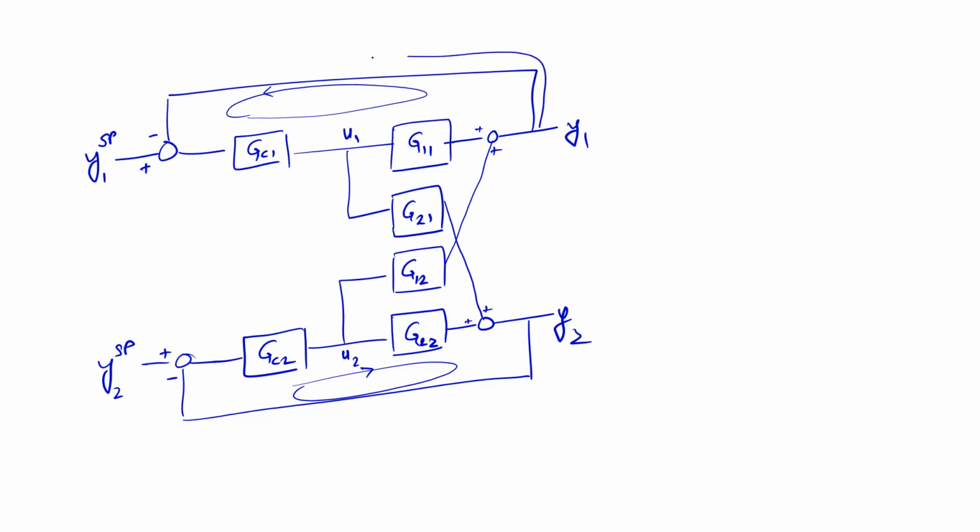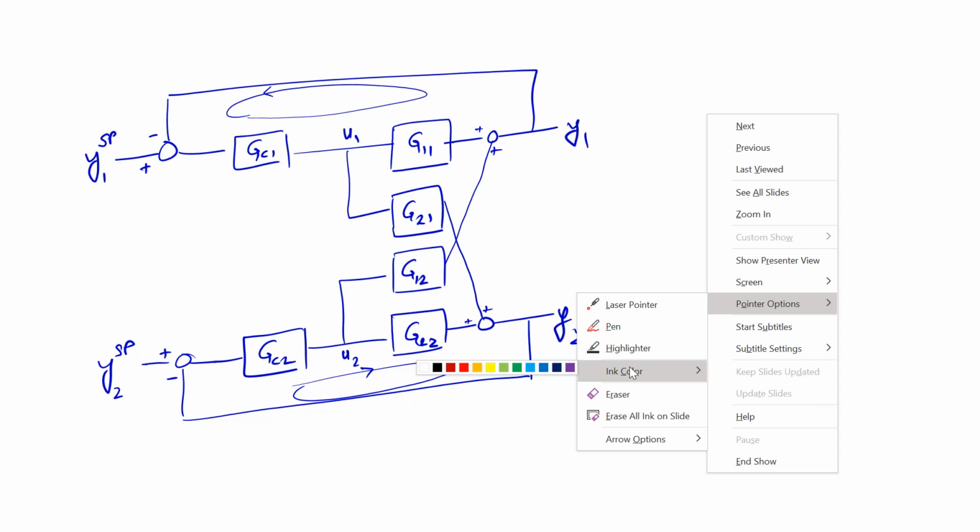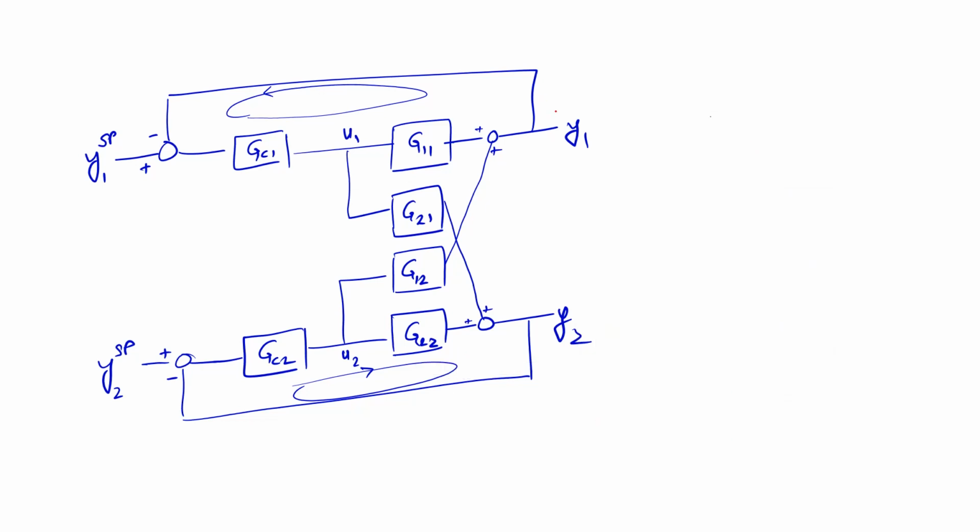There's another loop. Maybe I should use a different color here. How do you use a different color? Pointer options, ink color. Maybe I'll use the red color. So you can see there is also this figure of 8 loop.